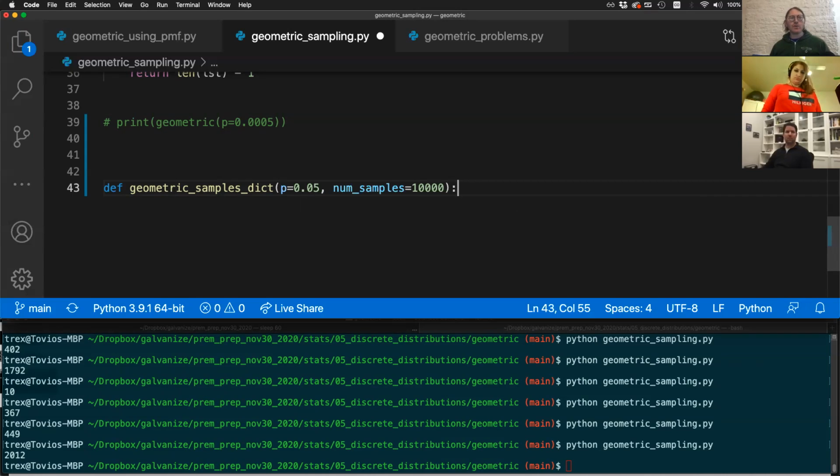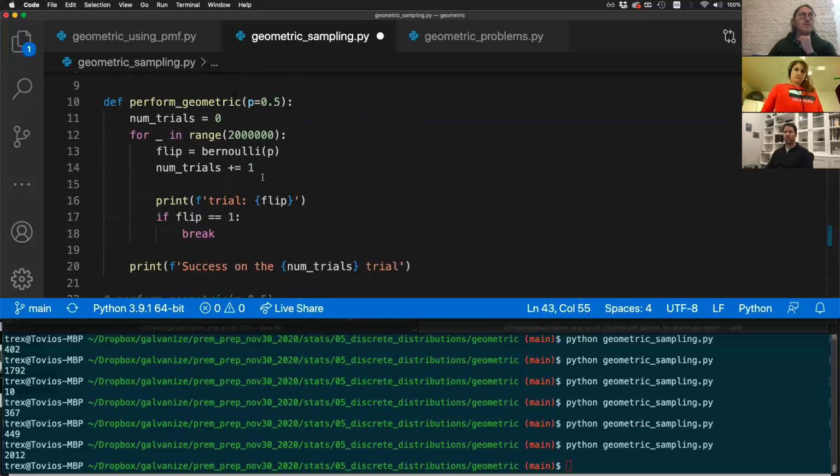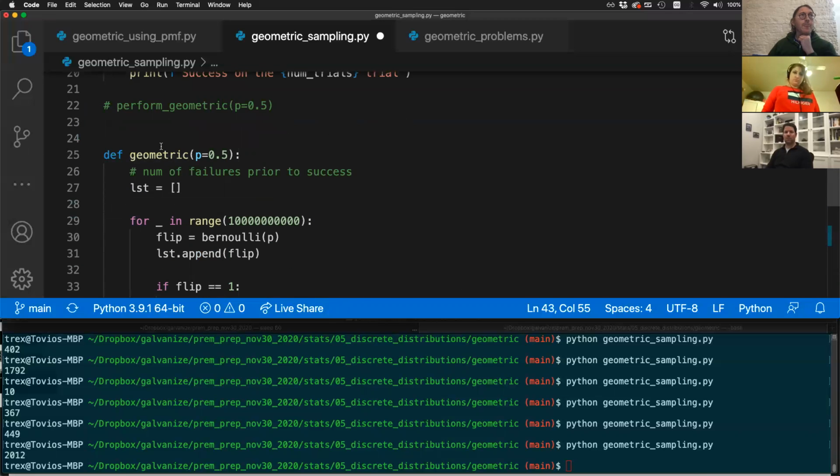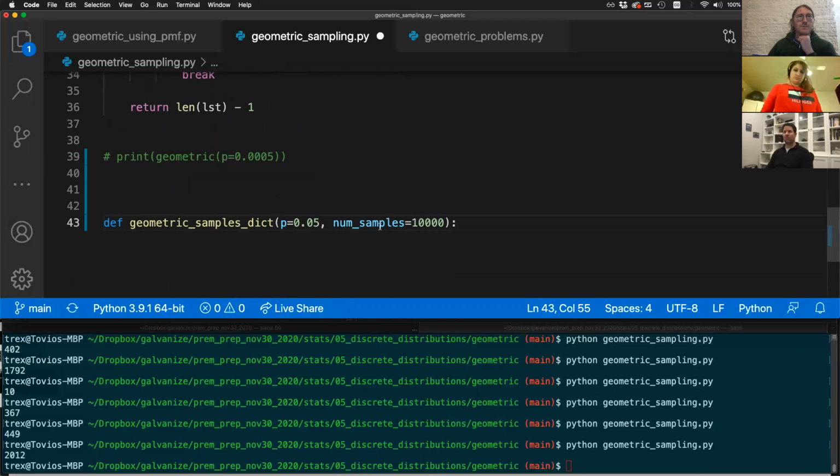And what this should do is sample out to geometric above, right? You should sample out to geometric num samples times and pack those counts into a dictionary, right? Your keys should be the value of k.